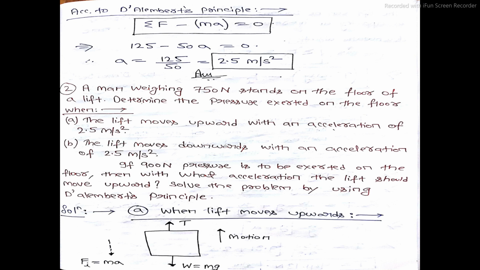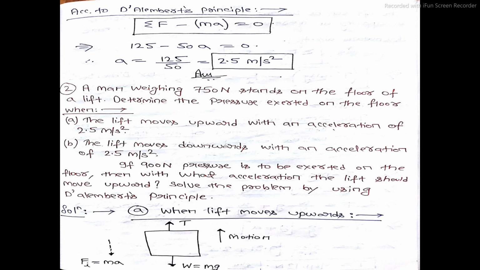Okay. So what is given in the question? According to this question, there is a lift, and on this lift a man stands. Inside the lift there is a man whose weight is 750 Newton. You need to find out the pressure or the force exerted on the floor when, in the first part of the problem, the lift moves upward with an acceleration of 2.5 meter per second square.